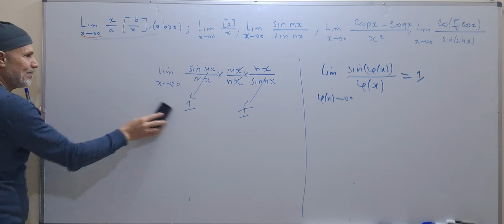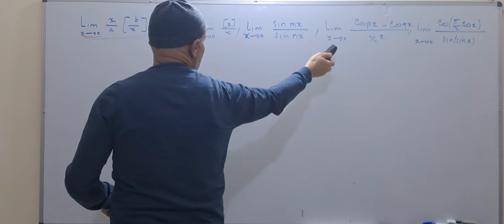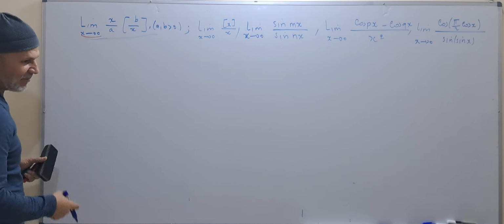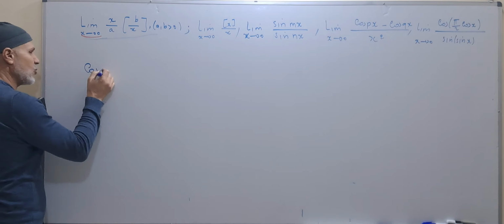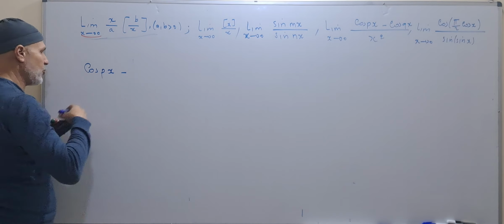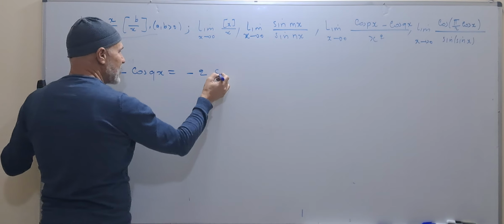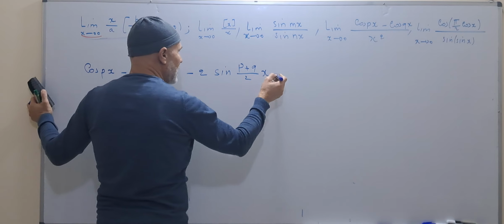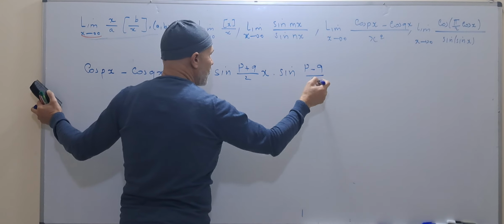The fourth one. From high school, we are supposed to remember that cosine px minus cosine qx is equal to minus 2 sine of (p plus q) over 2 x times sine of (p minus q) over 2 x.